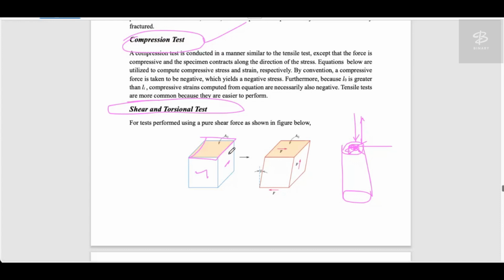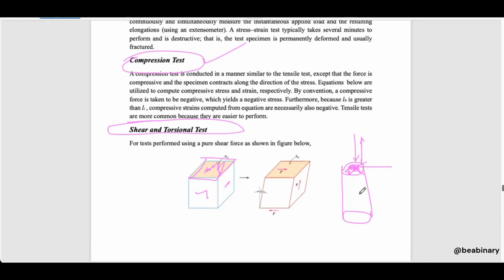The area that participates in the load is known as your cross-section area. If we talk about the circular bar, this face of the circle takes part, and that is the area where the load is applied. So it depends on where you have applied the force.